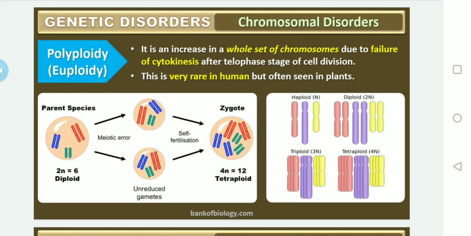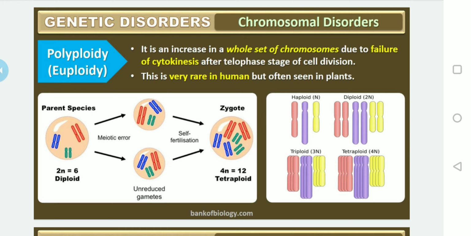If the cell division completes normally, that means cytokinesis also happens, the 46 will remain in one cell and the 46 will remain in another cell. In case of mitosis, or in case of meiosis, half of the number will remain in one cell and half of the number will remain in another cell.